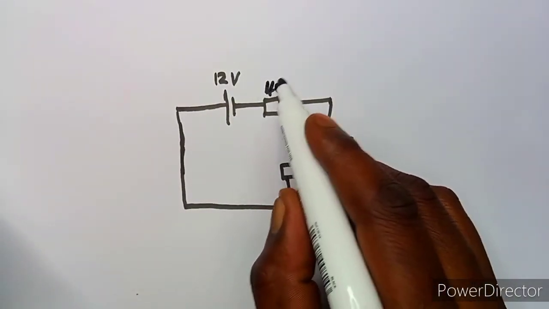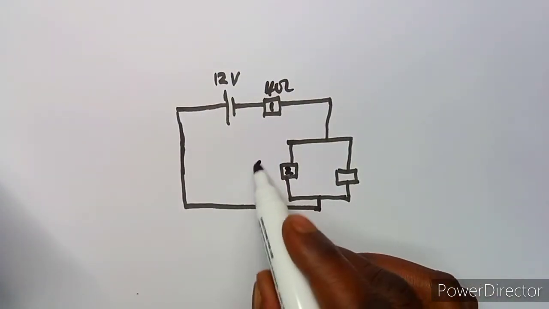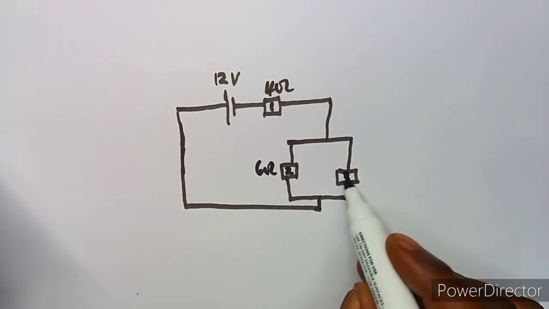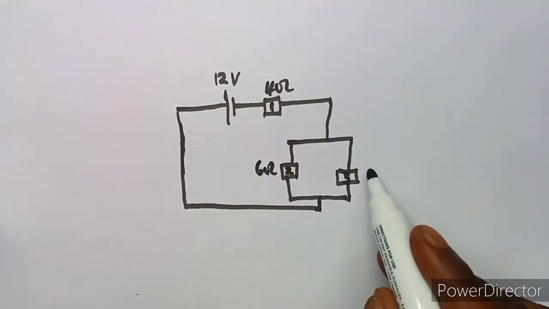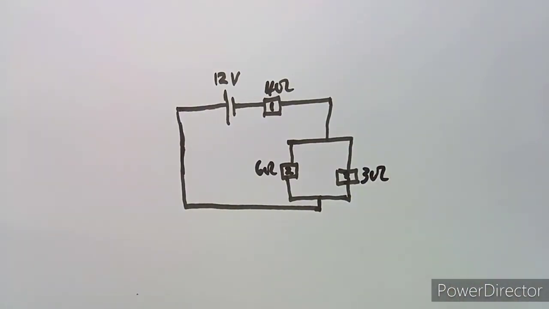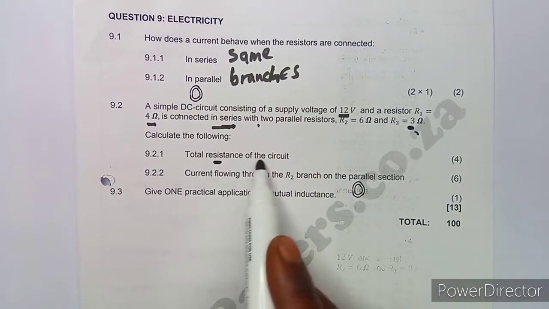Then we've got R2, which is 6 ohms, then R3, which is 3 ohms, like that. All right, so the question is to calculate the total resistance of the circuit.